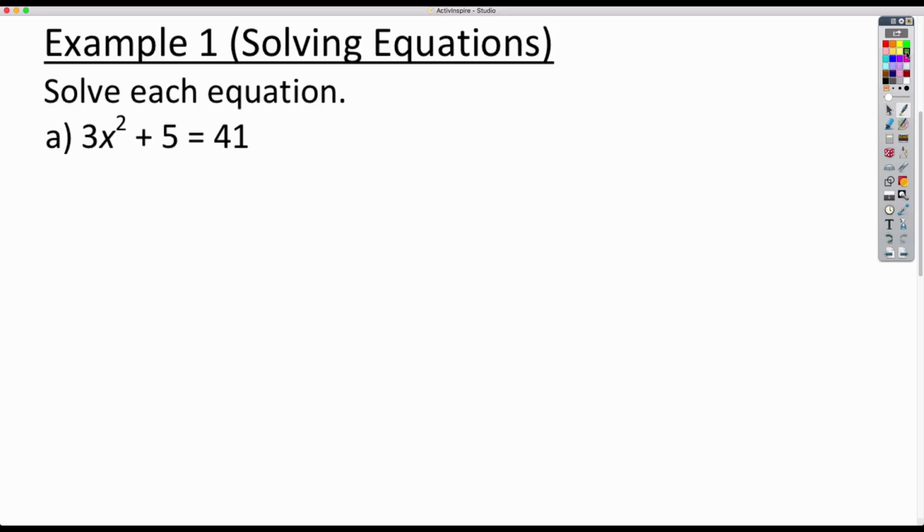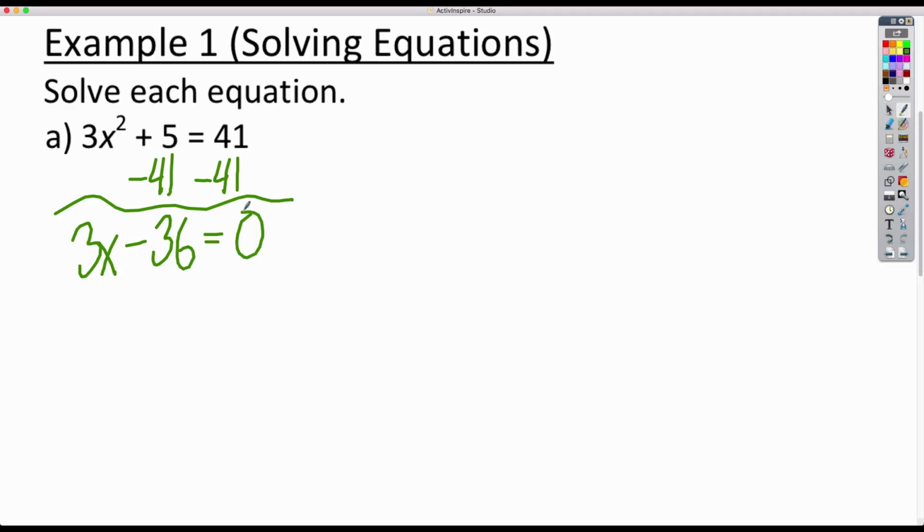If we wanted to, based on what we've learned so far, when solving quadratic equations, we actually want to get the whole quadratic on one side and a 0 on the other. So, if we follow that, we would want to subtract 41, we get 3x minus 36 equals 0. Did I do that right?